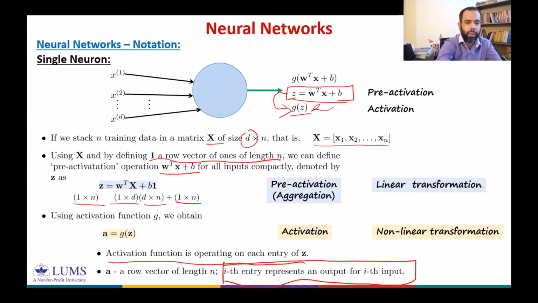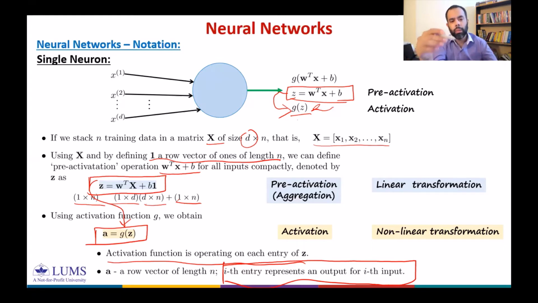We can compactly write this for n inputs in this form for the pre-activation output, and we pass this Z through the activation function to obtain A equal to G of Z. We will revisit this notation when we define the forward pass for all the inputs. For now, we're going to define the notation for neural networks.